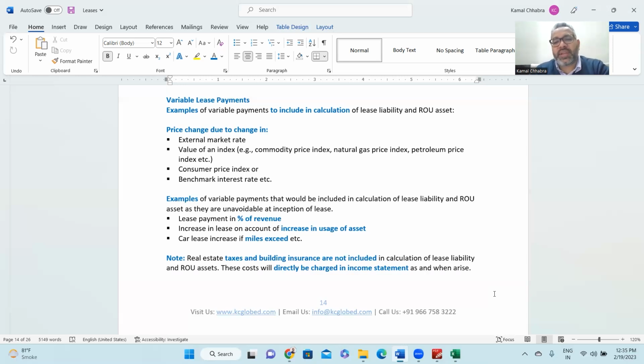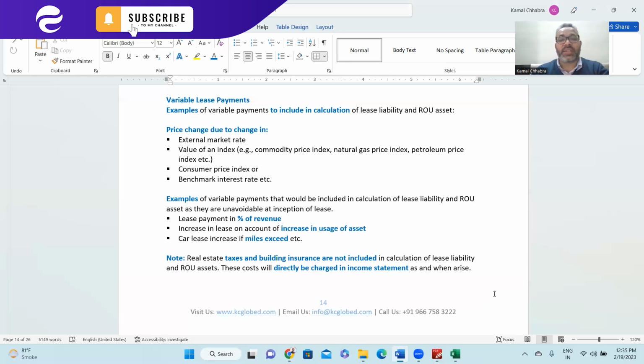And the price is fixed based on the natural gas price index for the lease rental. So as the gas price goes up, the price of the lease will increase. As the gas price goes down, the price of the lease may go down. So that may also be possible. So in that scenario, it will be considered a variable lease payment.